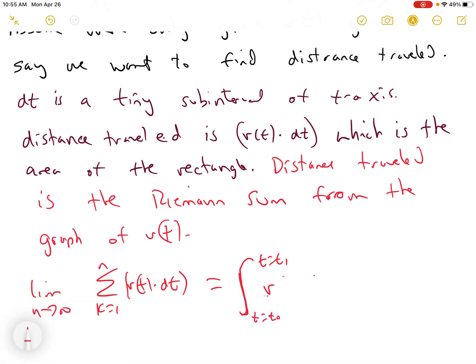To represent the area, so v of t times dt, and people are going, where does this integral sign come from? It's just a big S that's been stretched out, which stands for sum, and that's all an integral really is, it's a sum of things.